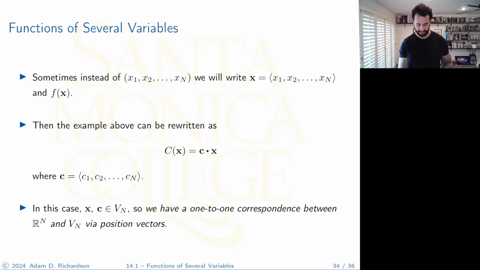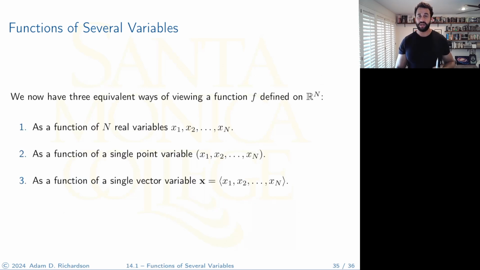So in this case, x and c are both n-dimensional vectors, and we're going to use the one-to-one correspondence between Rn and Vn that we get through position vectors. So that's another way to do it, right? Now we have 3 different ways of viewing a function f defined on n-dimensional space.